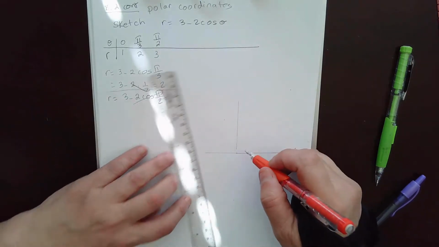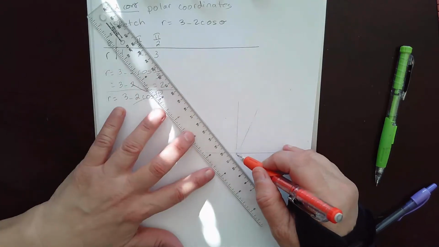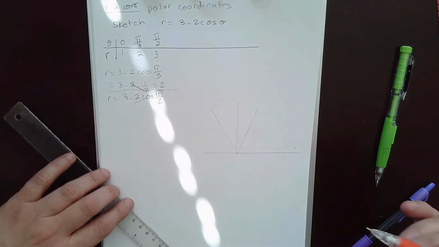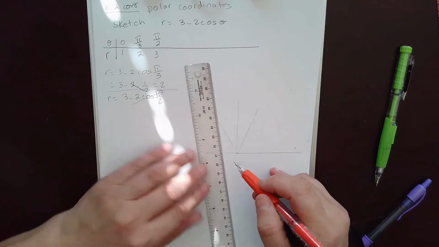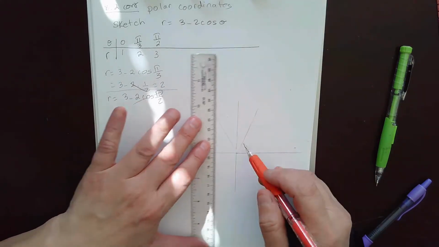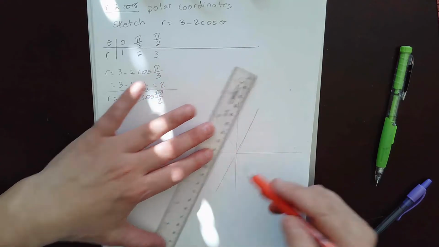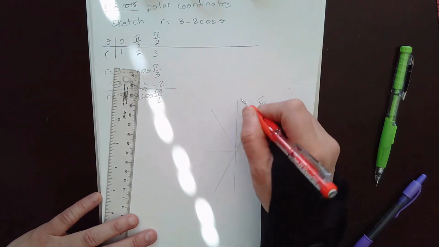I'm choosing like pi over 3 here, and this is 2 pi over 3. You could have chosen also pi over 6. It's up to you, right? And this is 3 pi over 2. We need to know how the graph looks, right? So this is pi over 3, and here is pi over 2.